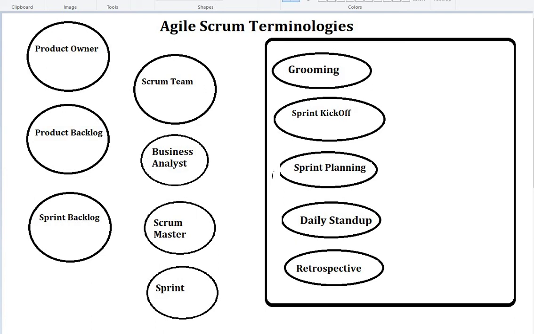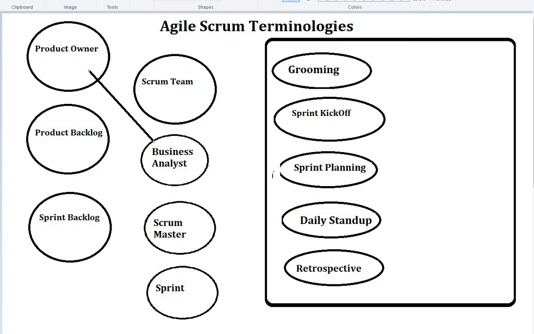The product owner has a very close relation with the business analyst. The product owner talks to the business analyst, and the business analyst is the one who interprets what is to be developed. The product owner is going to throw lots of requirements at you, lots of ideas to be delivered for the customer, and the business analyst is going to make them tiny little pieces, as small as possible, and write all of these requirements as user stories.